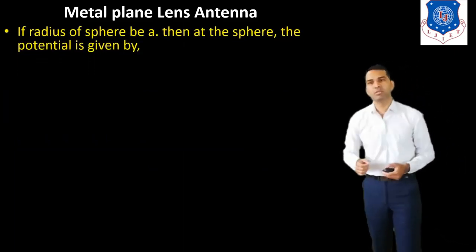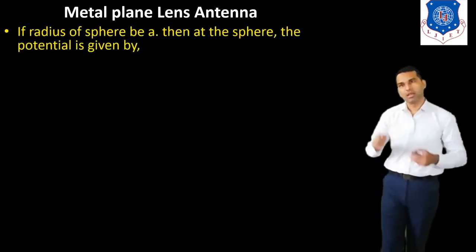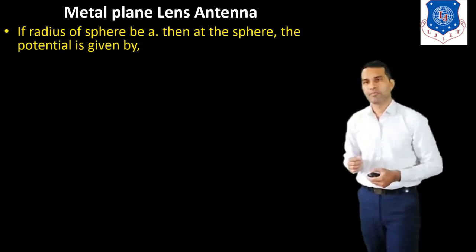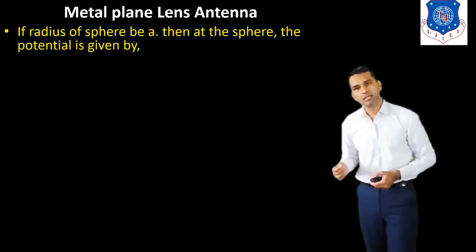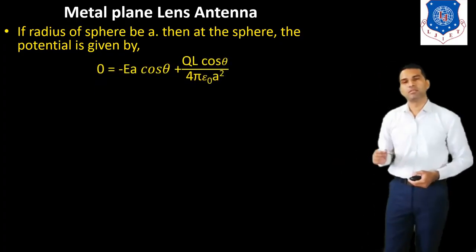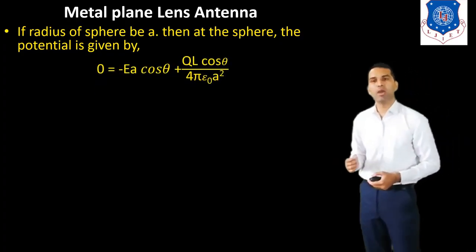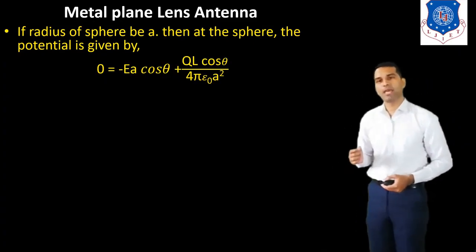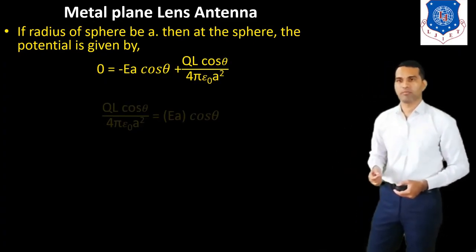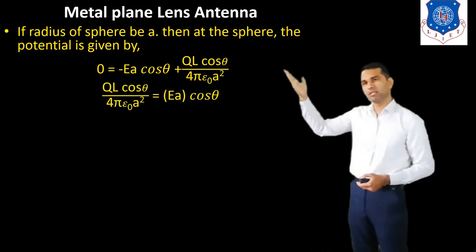If the radius of the sphere is a, then on the sphere, the potential is given by 0 is equal to minus E a cos theta plus q l cos theta upon 4 pi epsilon 0 a square. Now we simplify this equation.